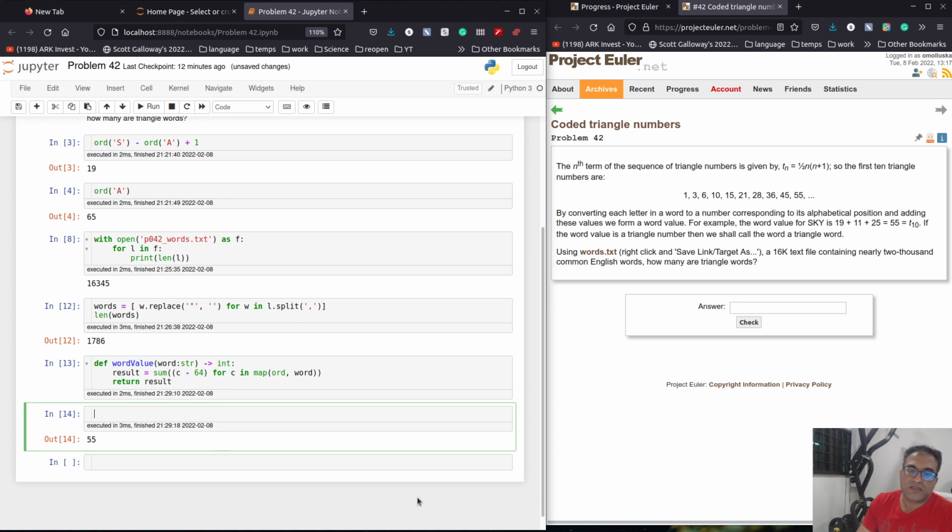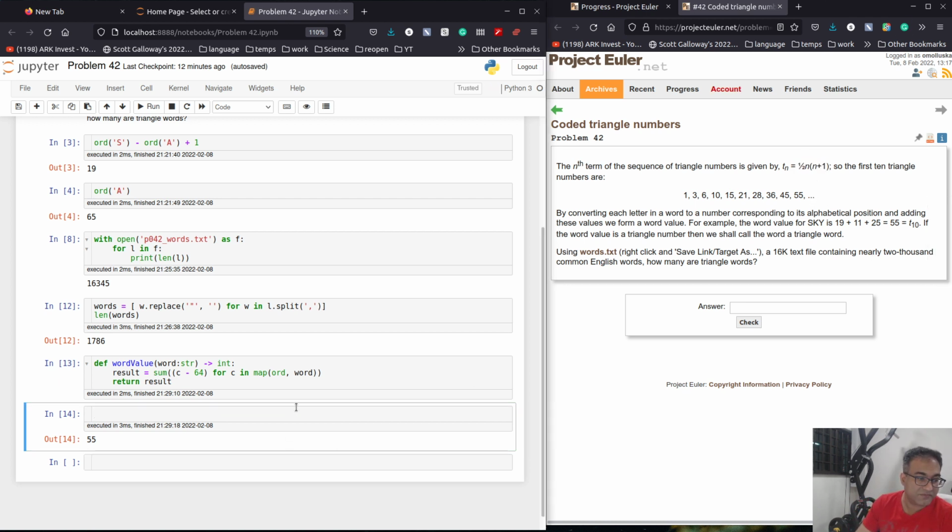So the way we check for that is, if I multiply this by 2, 55 by 2, then I should be able to get an integer n, which if I multiply by n plus 1, it should give me that number. Okay, so it should follow this.